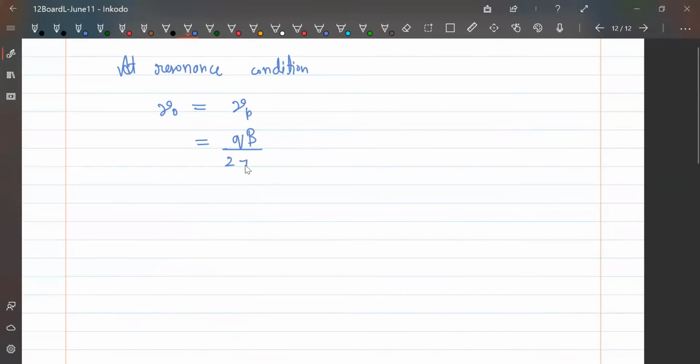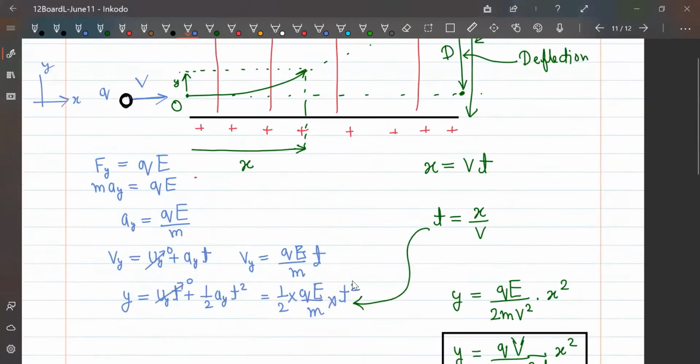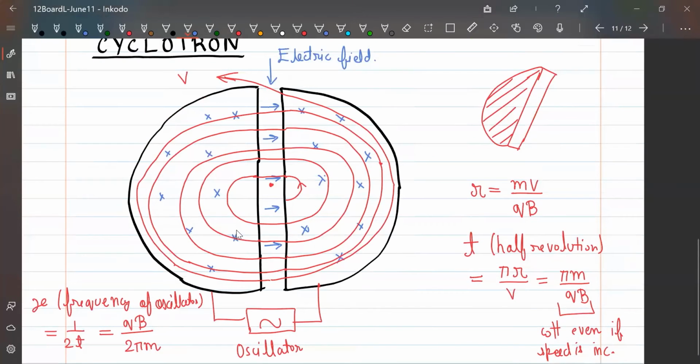At this frequency, the charged particle will spend half of the time in the first D, and half of the time in the second D.